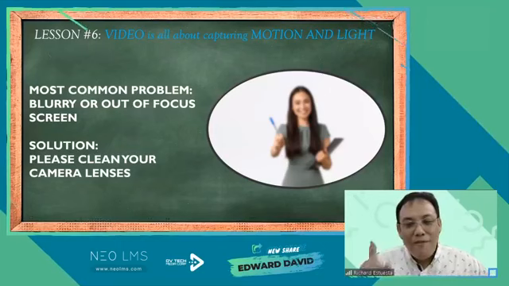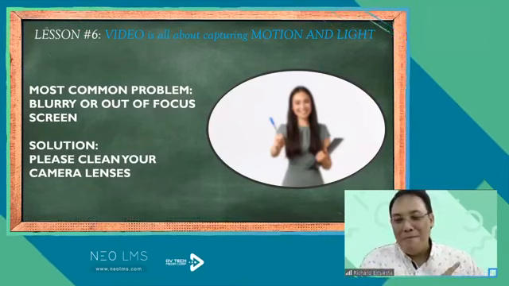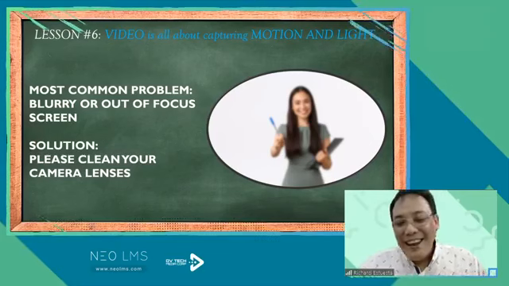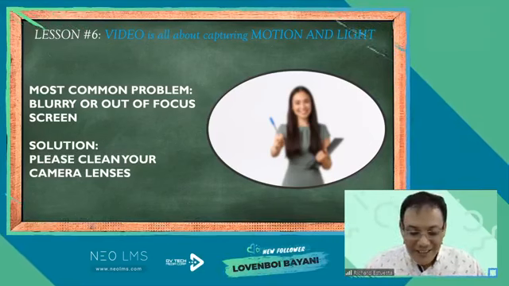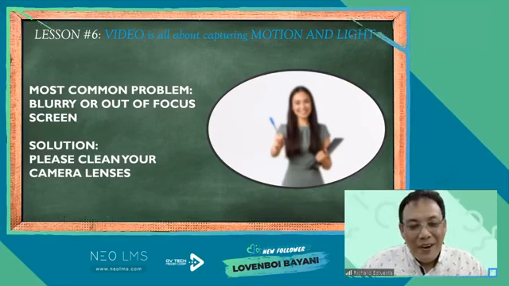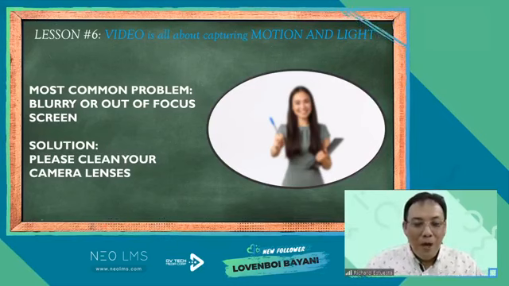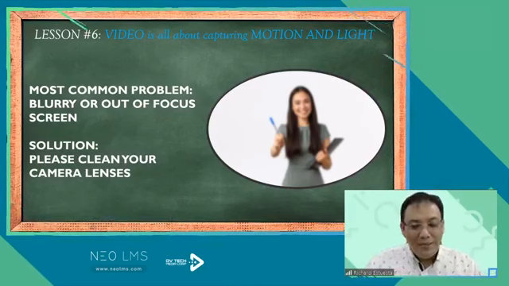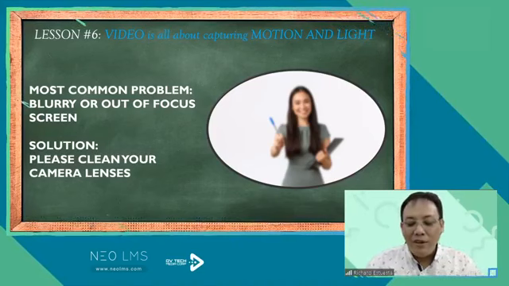And here's one very, very common problem of a lot of video trainers or teachers or educators: blurry or out of focus screen. I don't know why, but I think it's because sometimes they are using the front side of their camera, or if not the back side of the camera.